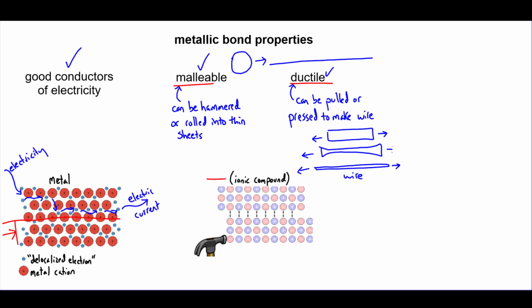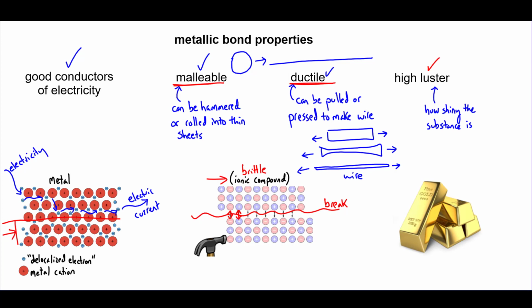Now, if you were to do this with an ionic compound and you applied a little bit of pressure to the bottom section of it, as soon as you shifted it so that two negatives line up with each other and two positives line up with each other, because they're rigidly held in place, the whole substance will simply break. So ionic compounds are really brittle, but the opposite of that for metals is they're malleable and ductile.